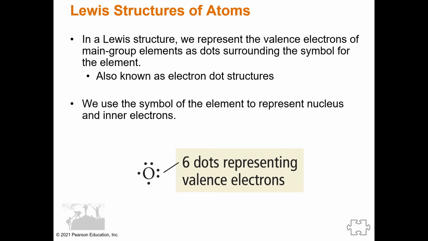Here's how you would draw the Lewis dot structure for oxygen. It's found in the 6th column, so it has 6 valence electrons. There is no formal way of drawing out the dots, but I know some people who prefer going around the elemental symbol in a clockwise fashion and just adding dots that way.